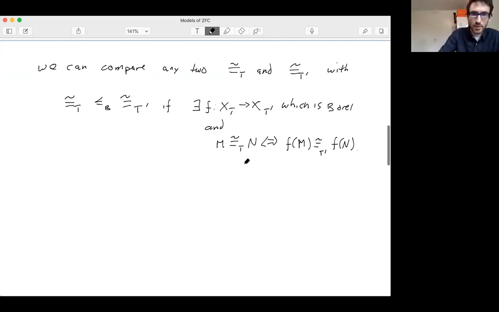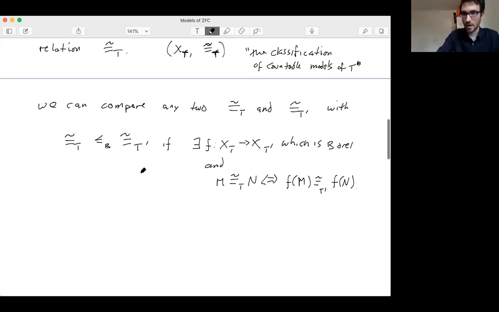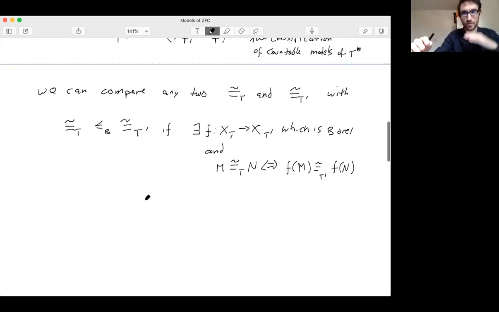So this less than or equal to sub B is a really complicated partial ordering on all these classes of models. I'm not going to get into all the different hierarchies, sub-hierarchies, and different rungs along that partial ordering, but just the very first things that we need to know.